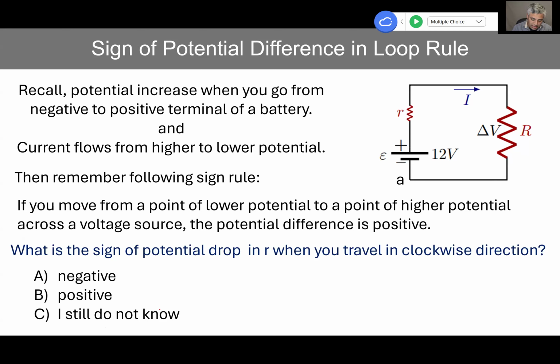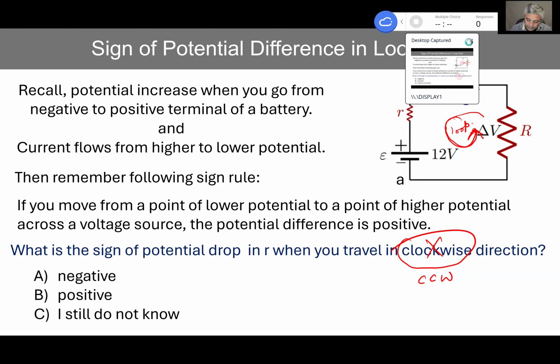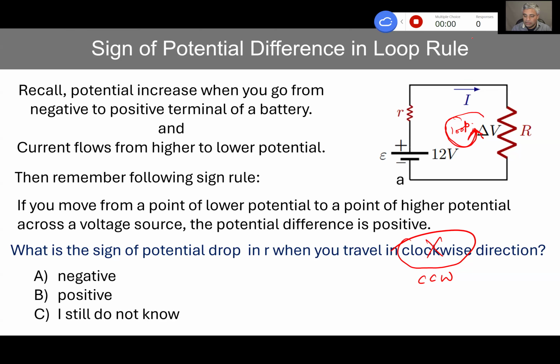So let's check. I have another question. So again, clockwise, no. Let's say counterclockwise. Okay. So that means this way. You are going in the loop like this. This is our loop. Okay. So pay attention to the arrow, which way we are going. Okay, so I'm going to open the poll and you have 30 seconds.